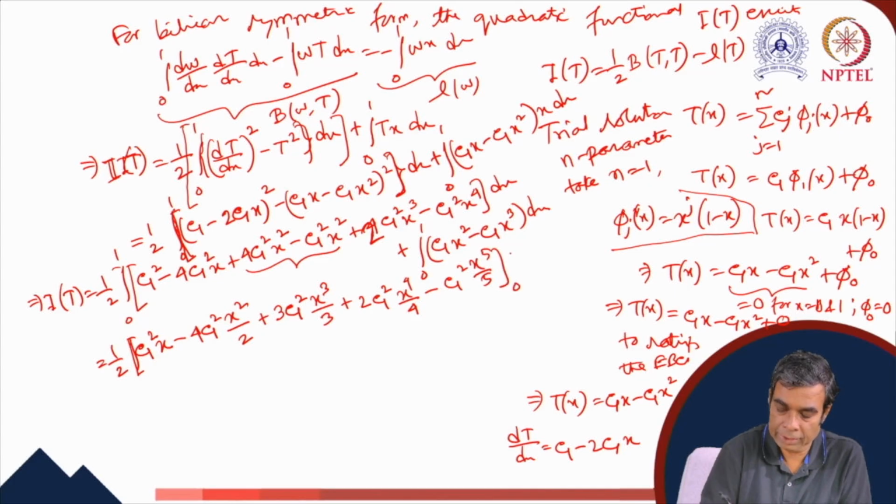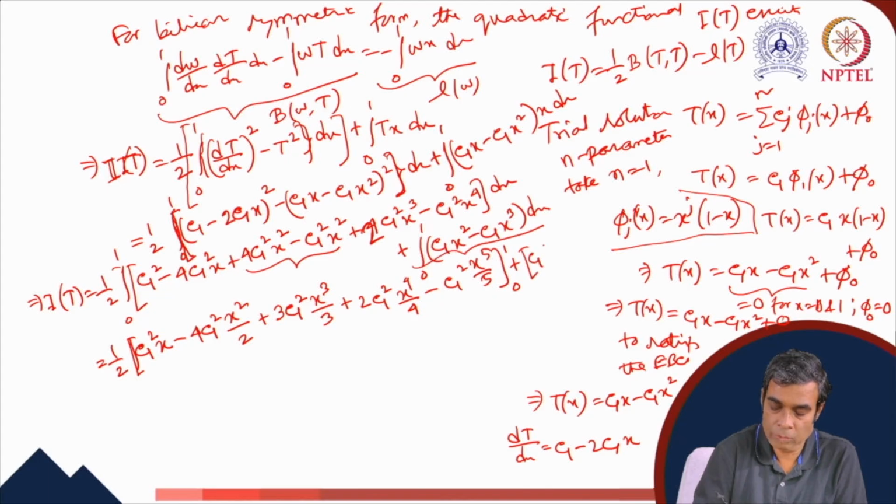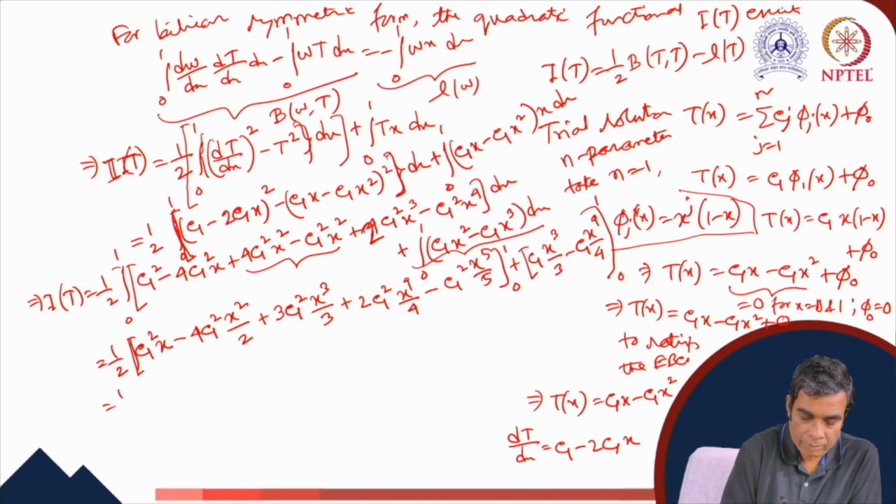This is with the range 0 to 1. If we perform integration for the second part, this is giving us c1 x cube by 3 minus c1 x to the power 4 by 4, where x is varying from 0 to 1. Here we substitute the range between 0 and 1.